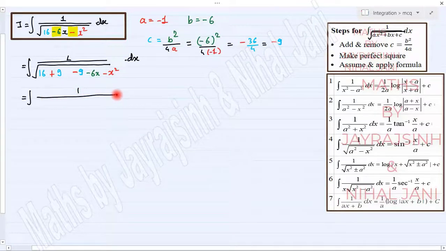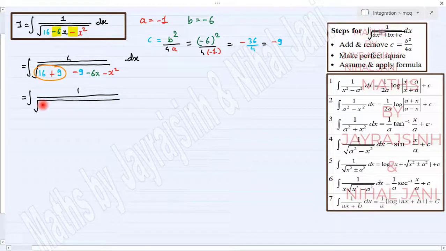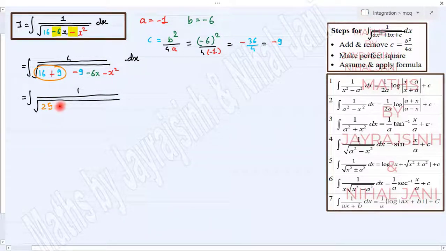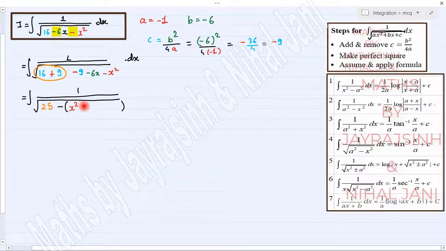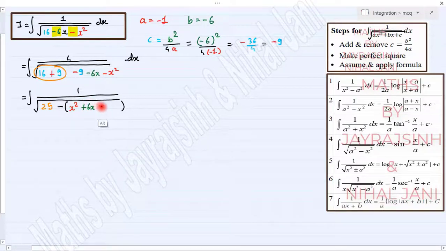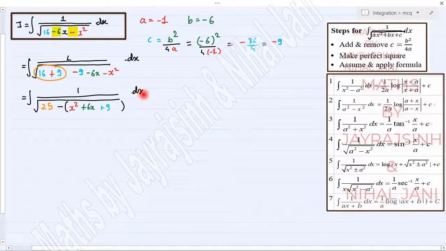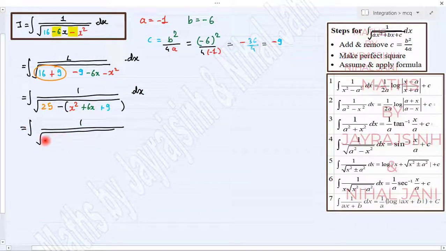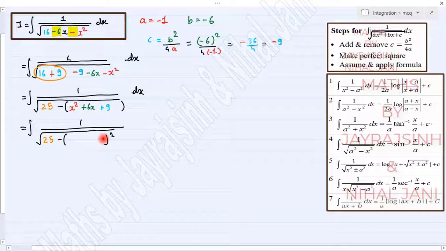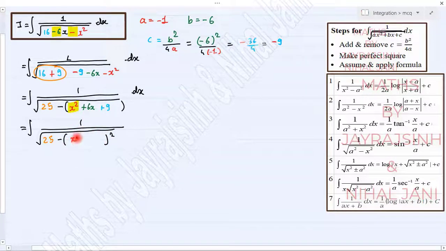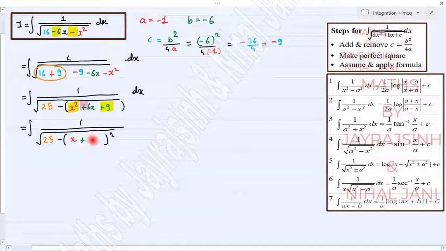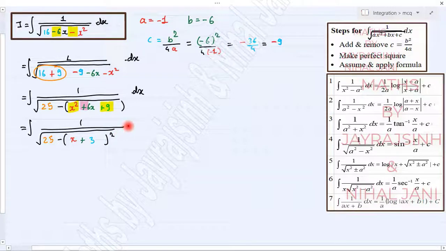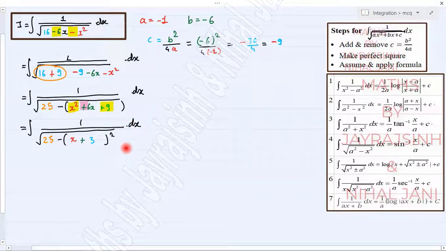So here we can say 16 plus 9 will give us 25, and after taking minus common, we will get x square plus 6x plus 9 dx, which is actually the perfect square of the root of the first term, which is x, the sign of the middle term, and the root of the last term. So here we complete our second step.